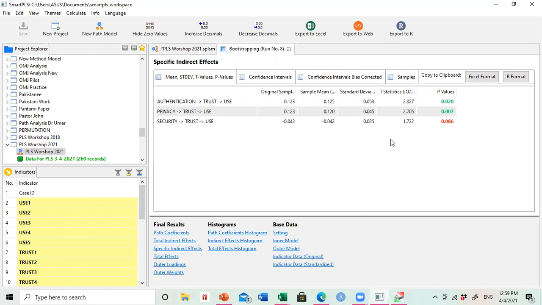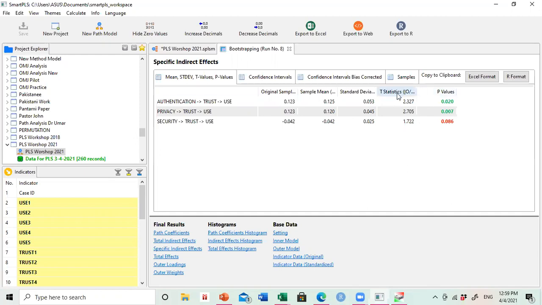But if it is two-tail, it should be 1.96 and above, right? The t-value must be above or greater than 1.96 for it to be significant if you are doing mediation.